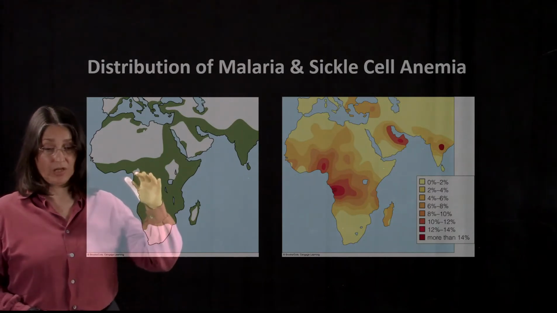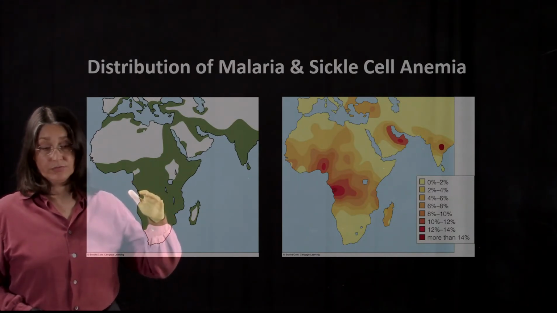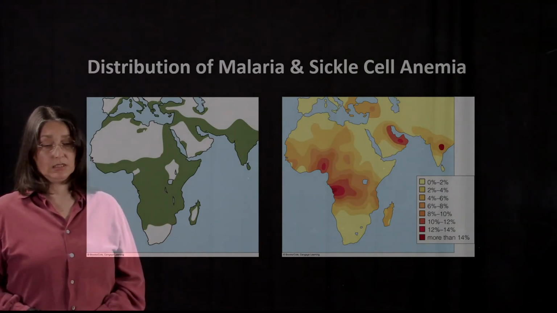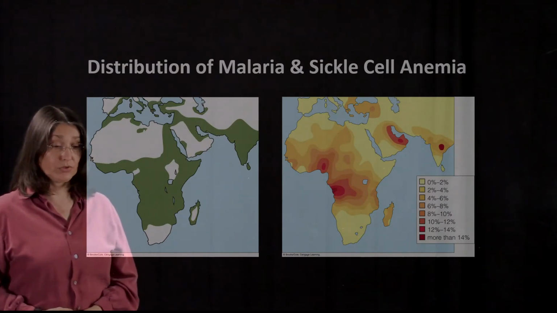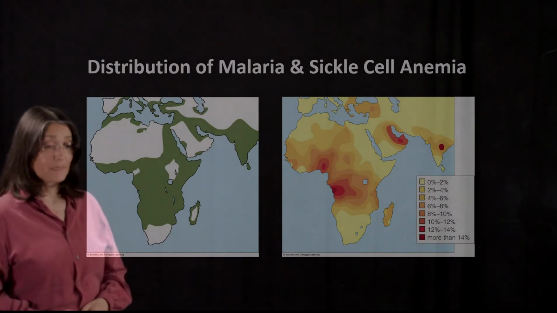So they follow riverways and waterways, and they have a higher incidence in those locations where there is enough water for the mosquito to reproduce, because their larvae are aquatic.